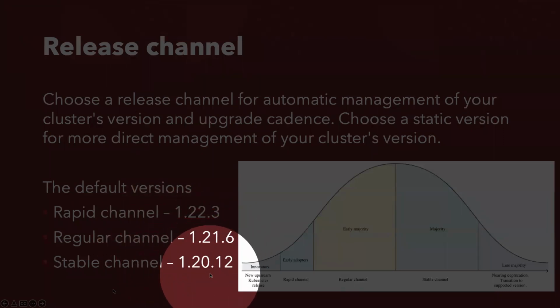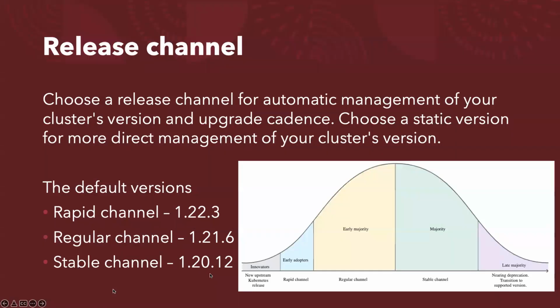And for the stable channel, right now it's 1.20.12. But for each channel, you also have the option to choose other versions rather than the default version. For example, if you want to go to the latest 1.23, you can select 1.23 from the rapid channel. Okay, from the concept point of view, that's all I want to cover for now.